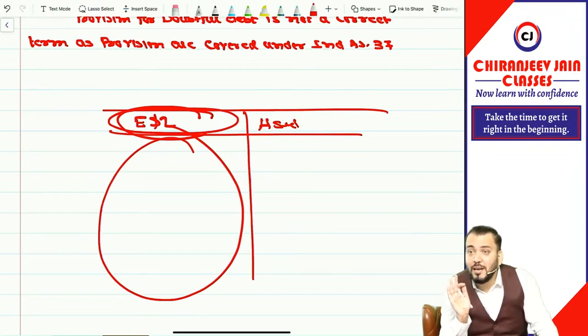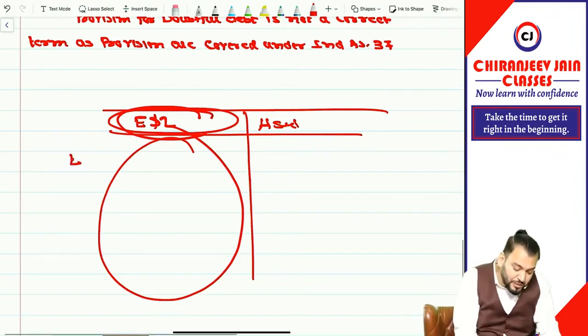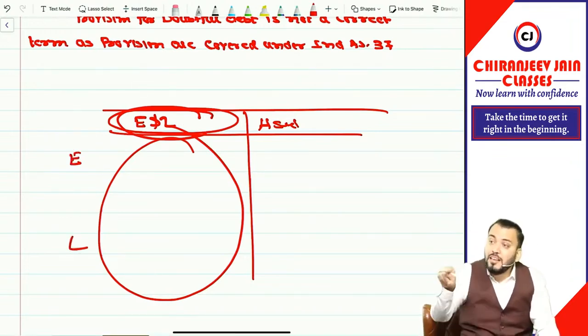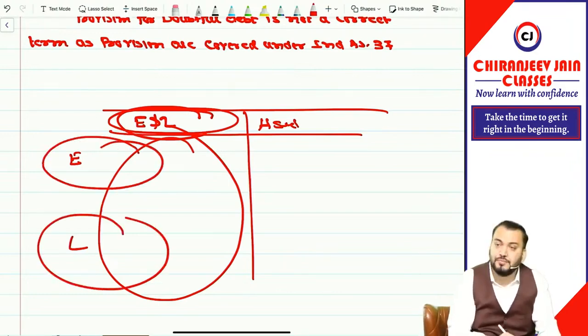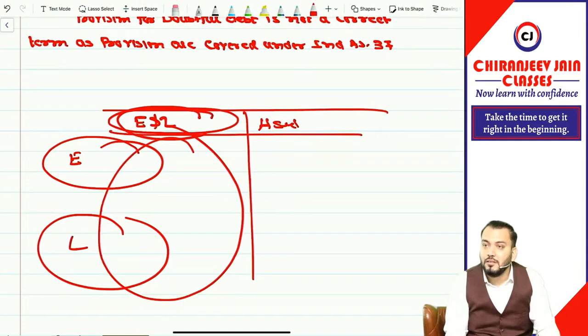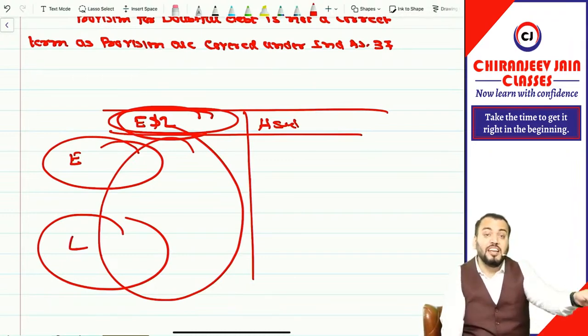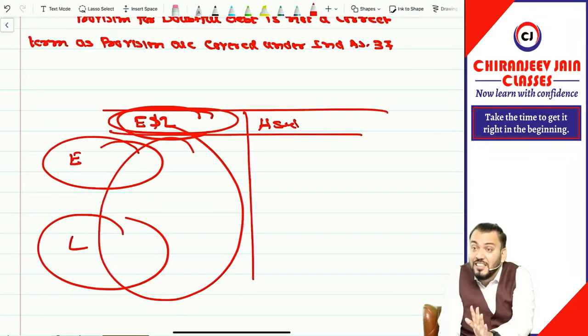Just try to understand what I am saying. What is the accounting equation? Equity plus liability is equal to asset, which means on this side you write down equity and liability. My question to you, redeemable preference share capital will come in equity or liability? What you have done in CA Inter was not correct, or rather, whatever you have done in CA Inter is now going to change in CA Final.